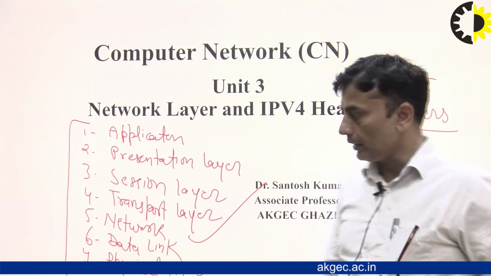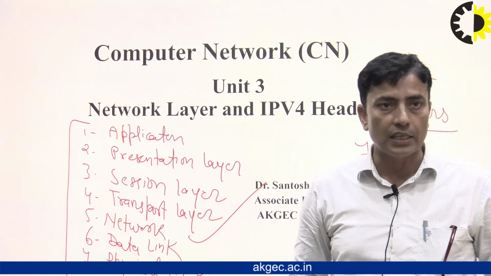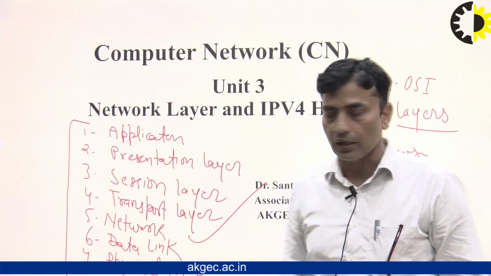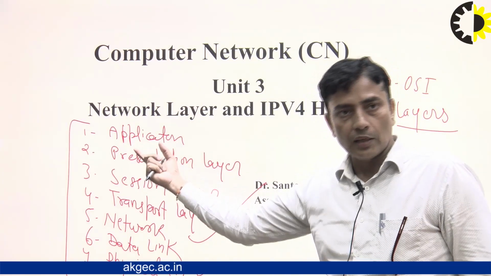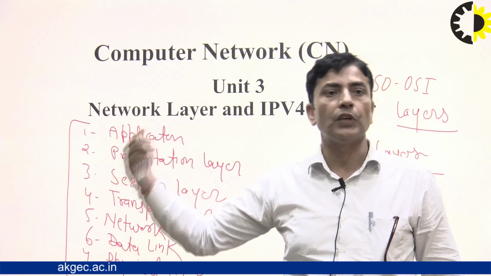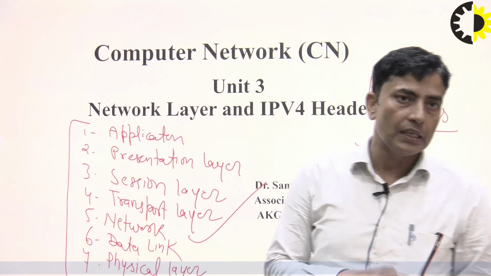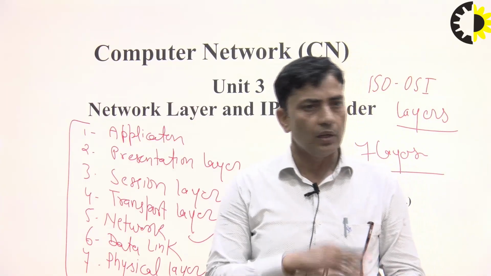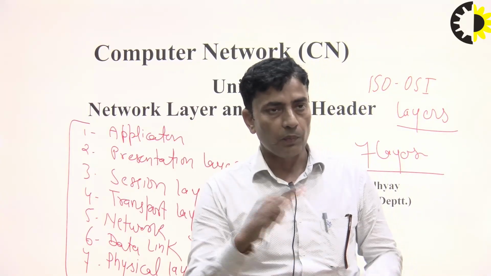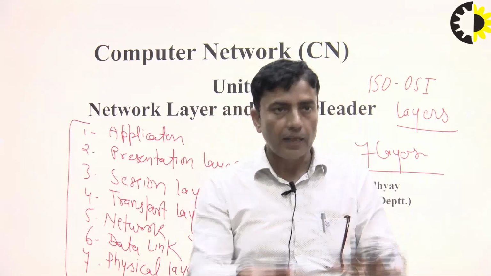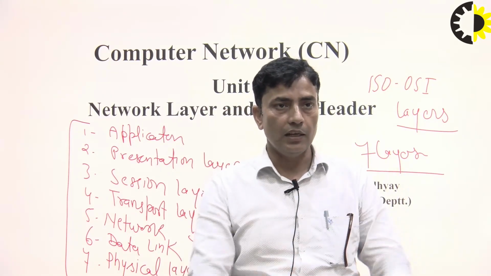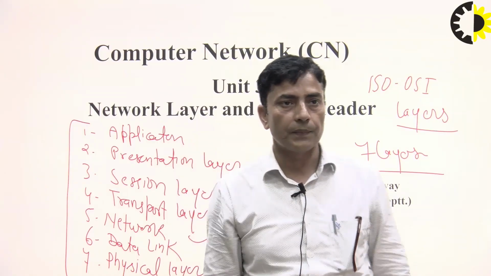That means when data is generated by different applications, it is generated at the application layer by using different kinds of application layer protocols like HTTP, DNS, FTP, SMTP. There are a number of protocols by which the user can generate data to send from sender to receiver.